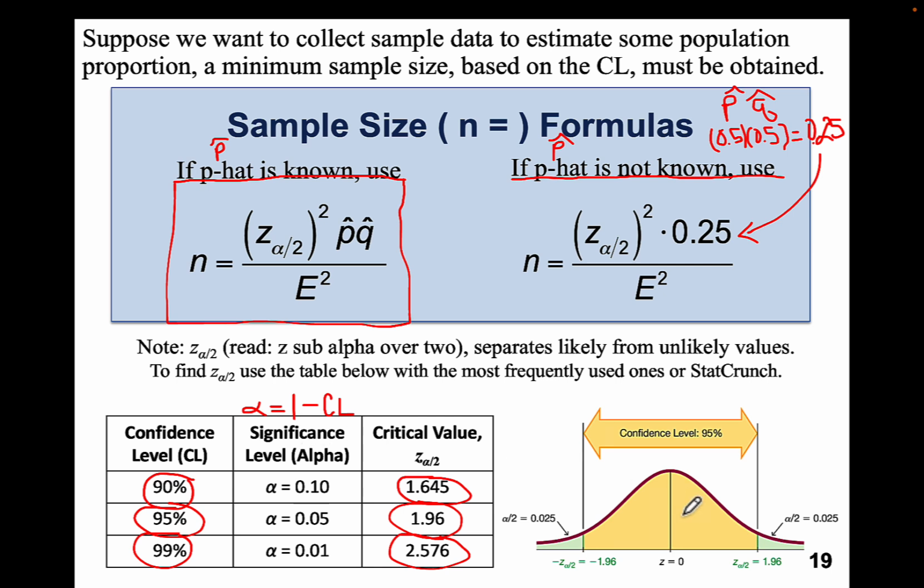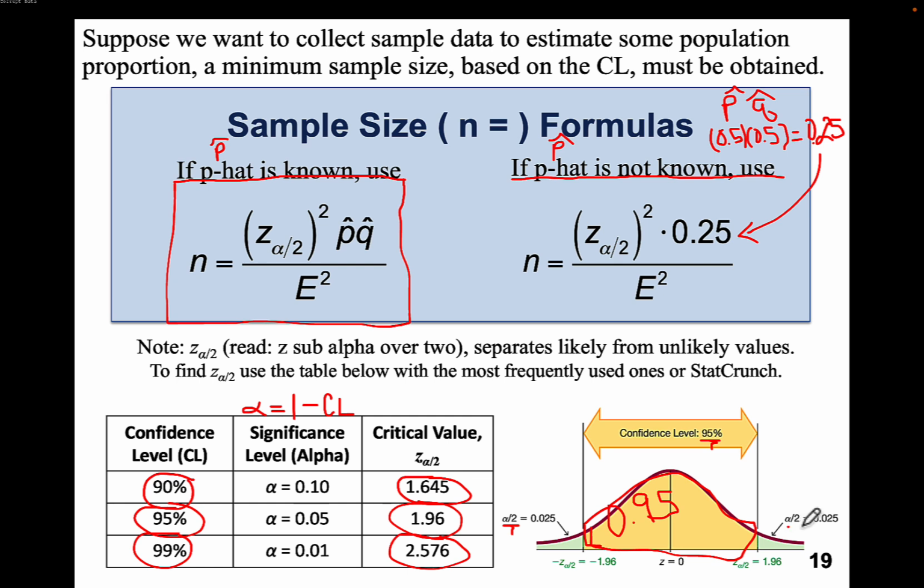Let's see it on a graph here, using the default as our example, a confidence level of 95%. That means the likely values, those having a probability of being selected of 0.95, are all on the inside here. And for z sub alpha over 2, we've got half of alpha in this tail and half of alpha in this tail.